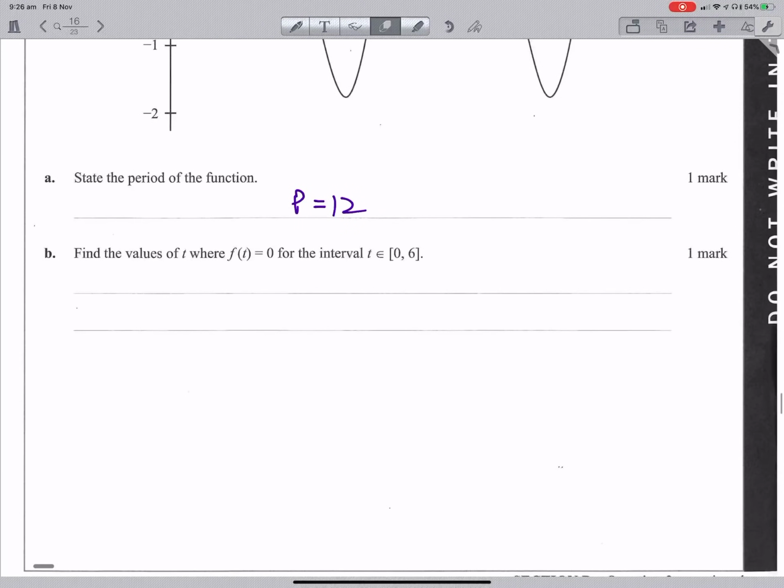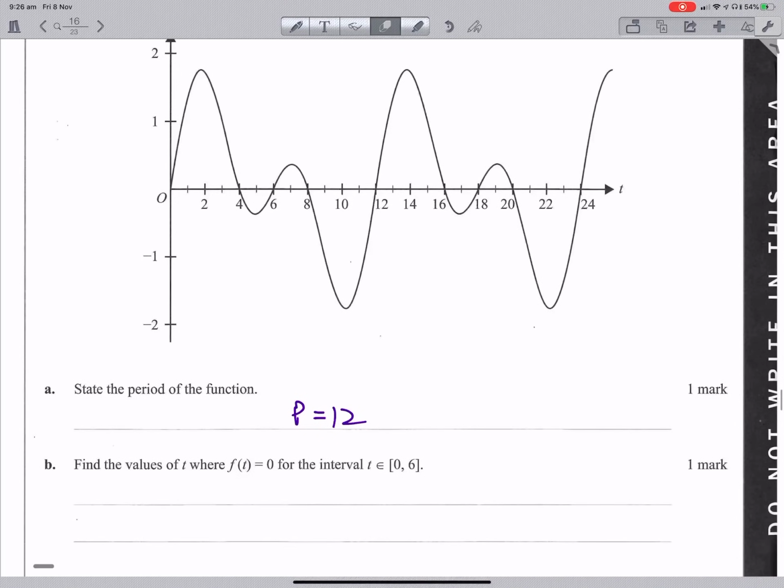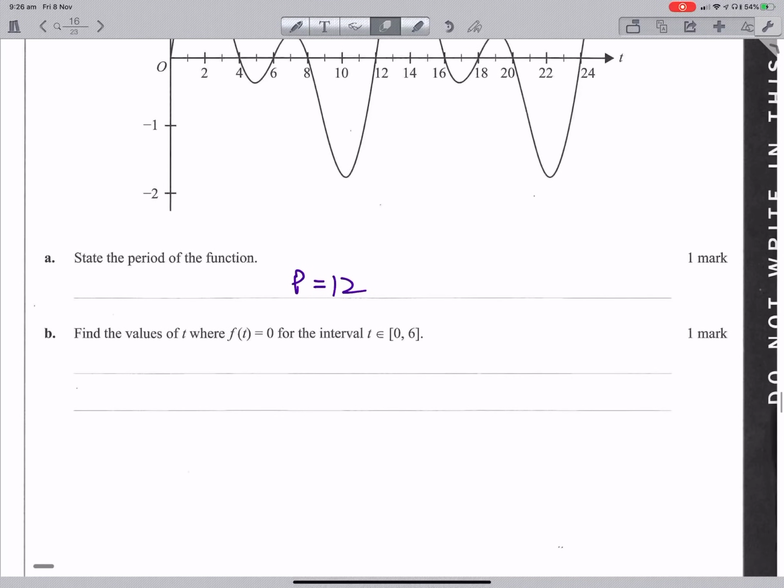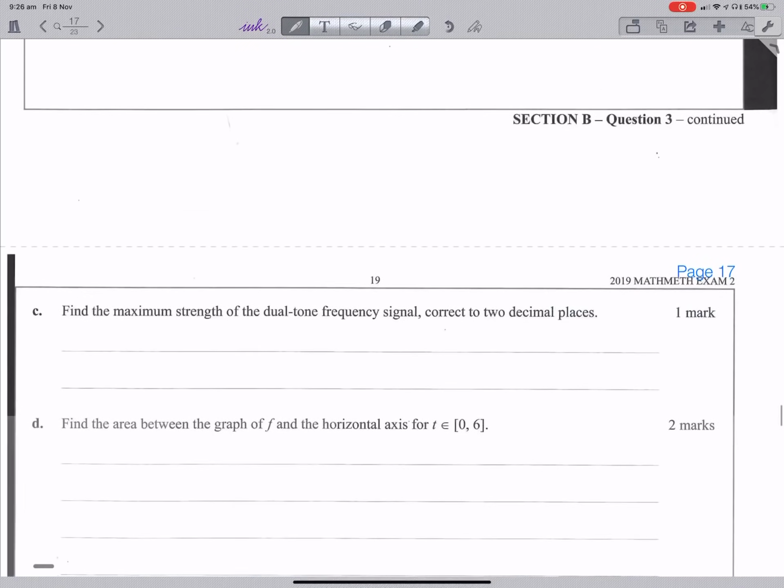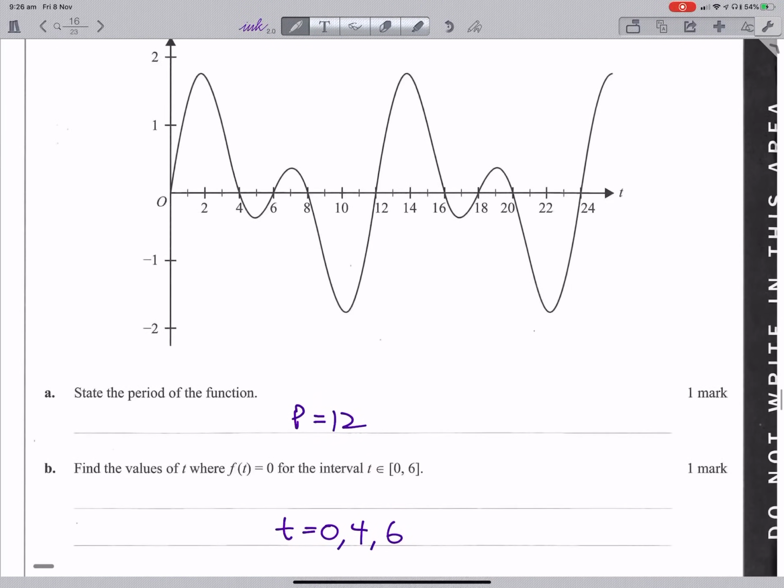Awesome, it doesn't say. Find the values of t where f of t equals 0 for 0 to 6. It's kind of stupid. Find the maximum strength.